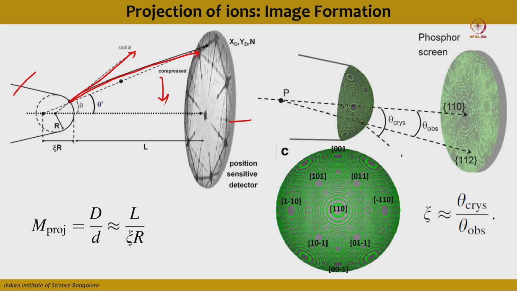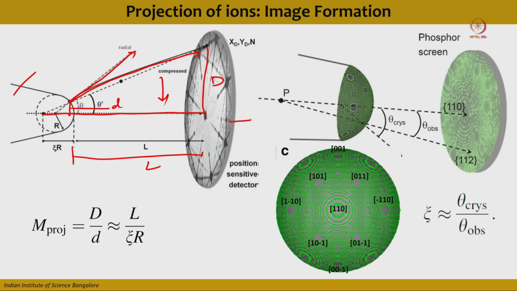This particular triangle, and this is the distance which we call D, and the length from the tip L, fine. Now the distance between the surface atom and the axis can be regarded as D, fine.